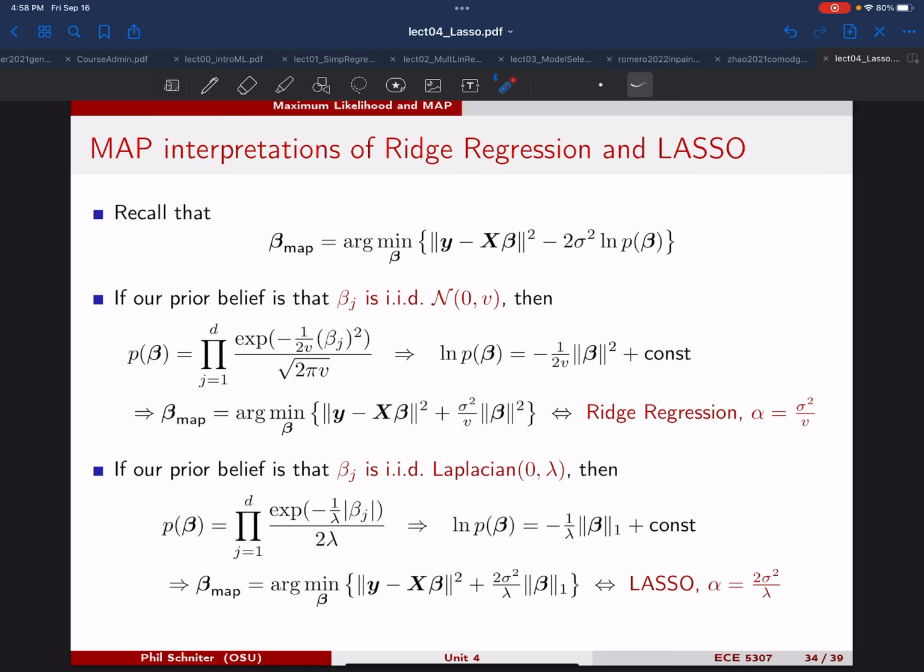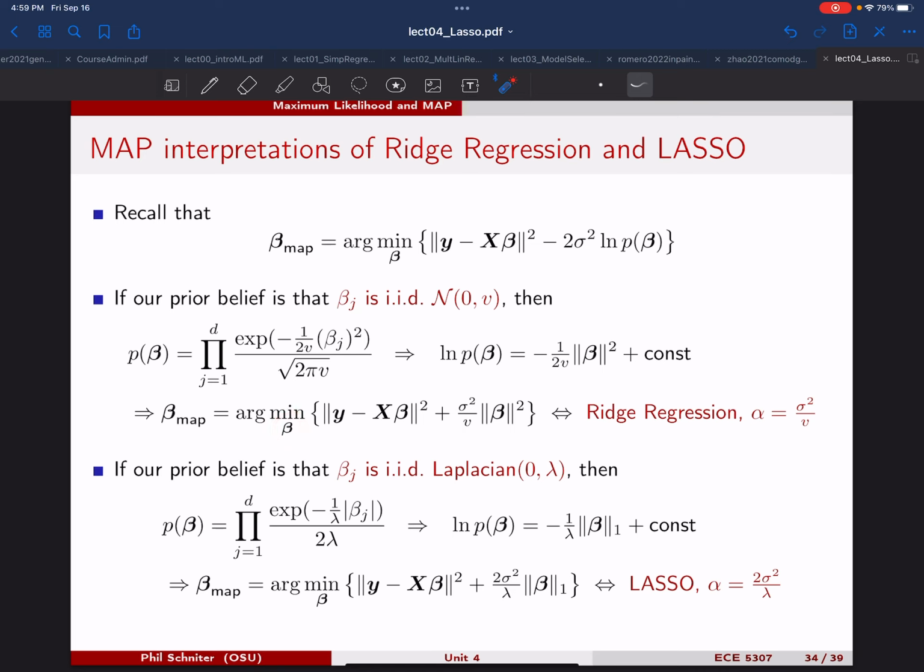So if that's the case, now you can see that I plug that in here, and I get this term. And this is exactly ridge regression with a particular value of alpha, which is usually what we call this. You can see here, you know exactly how to set alpha. It's your measurement noise variance divided by your prior variance. That tells you exactly the optimal alpha that makes these betas the most probable under that model.